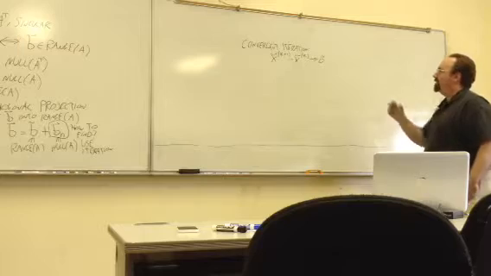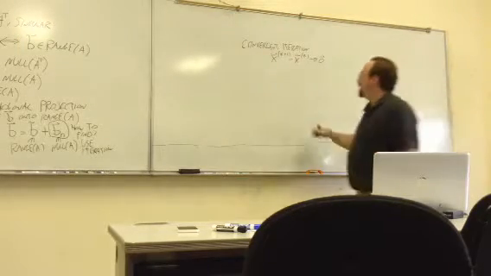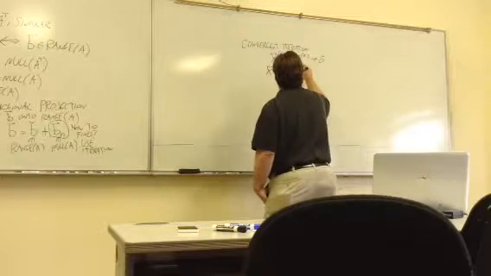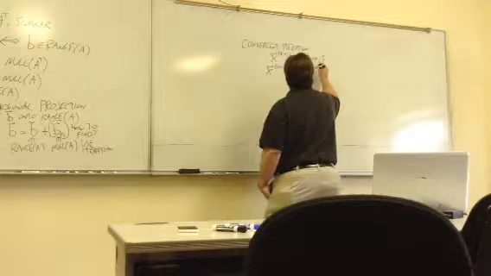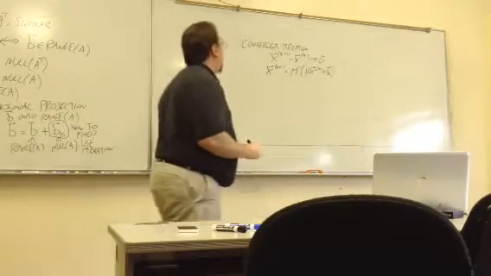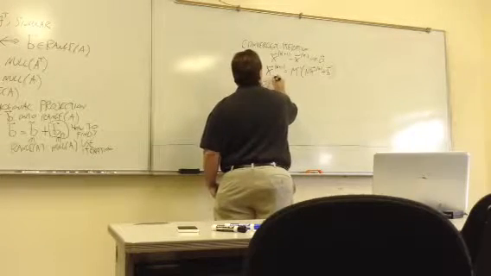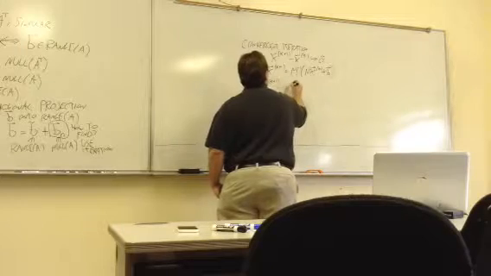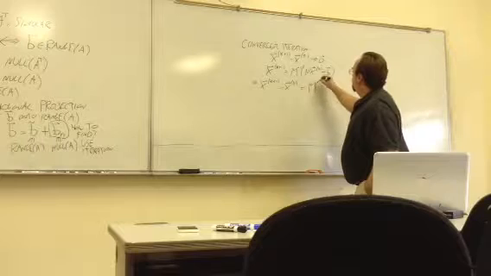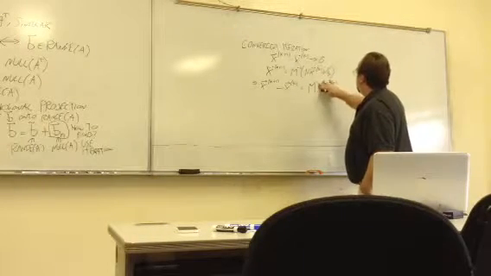But let's take a look at this difference, xk plus 1 minus xk, for a general iterative method. Well, xk plus 1 is equal to m inverse n xk plus b. So let's look at that difference. I'm going to distribute here.